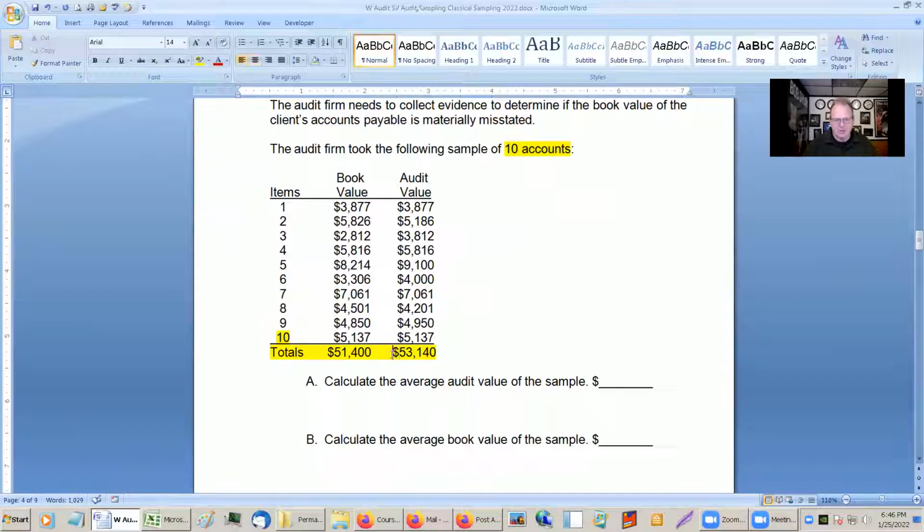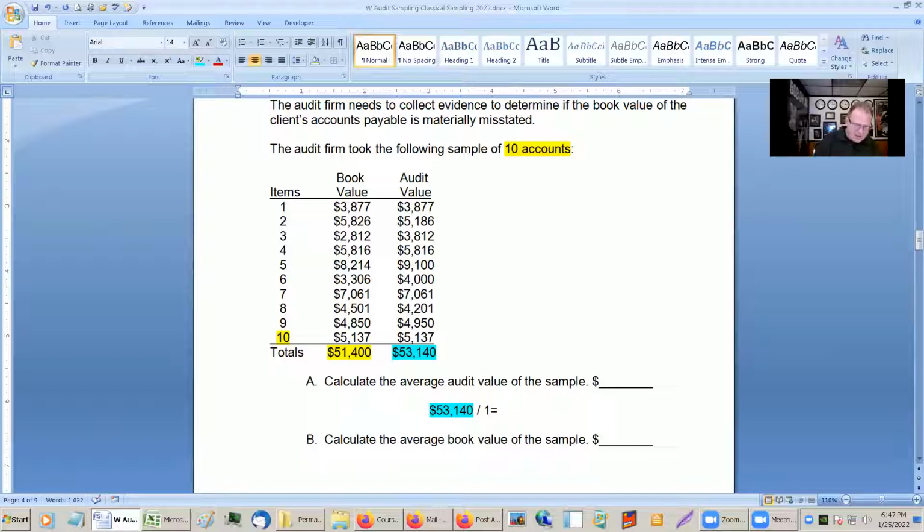So this is the audit. Okay, so the average audit would be 53.40 divided by 10.